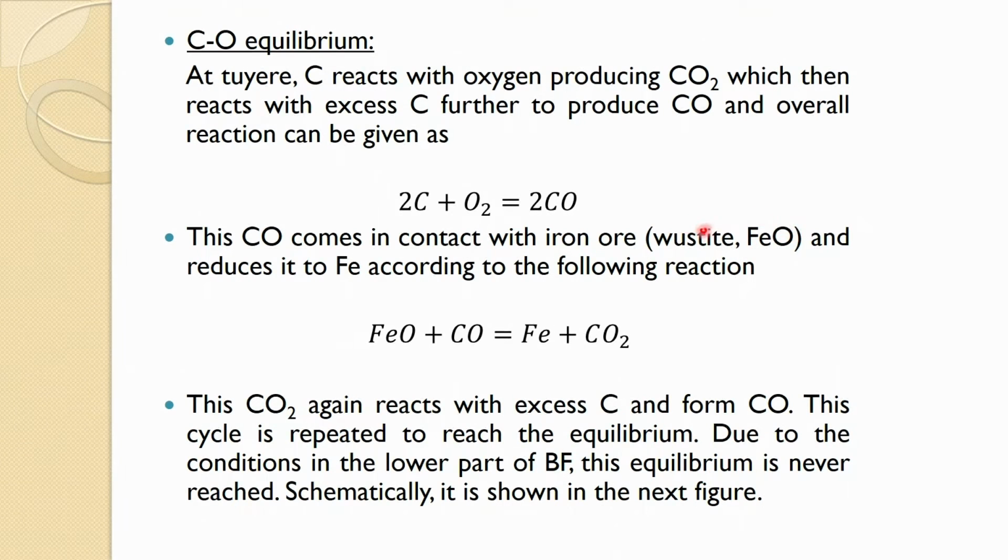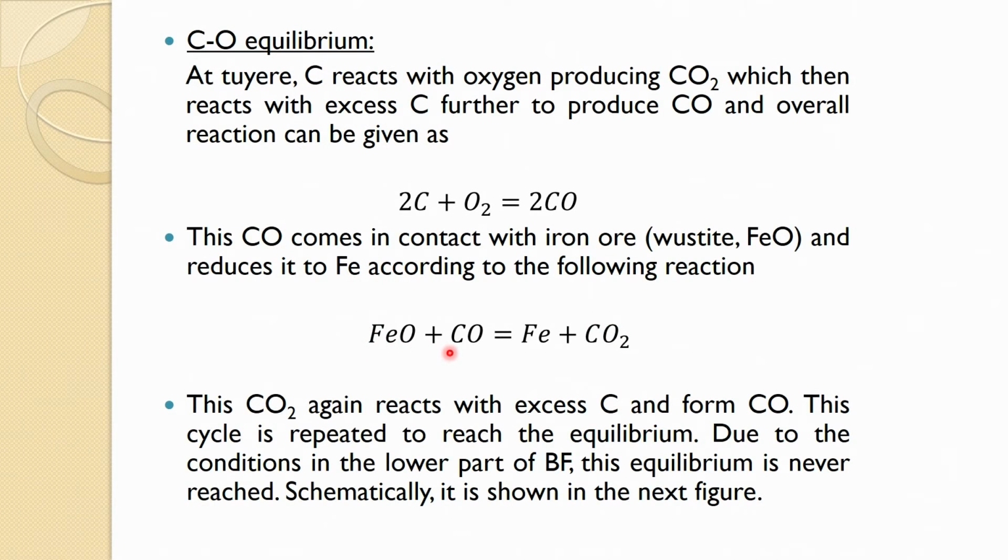In that, most of the iron is in FeO form, not in any other oxide, and of course the remaining bit is some liquid iron. So, this CO, when it comes in contact with this FeO, which is dripping down from the cohesive zone into the dropping zone, reduces iron according to this reaction.